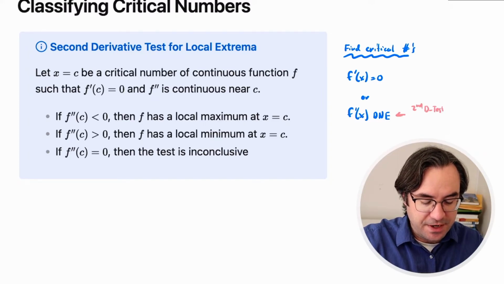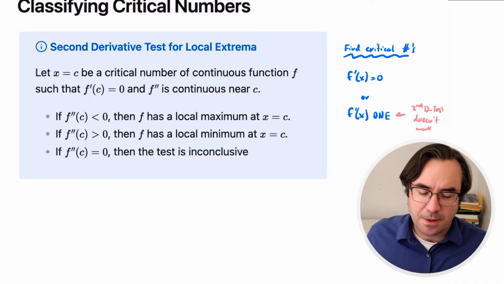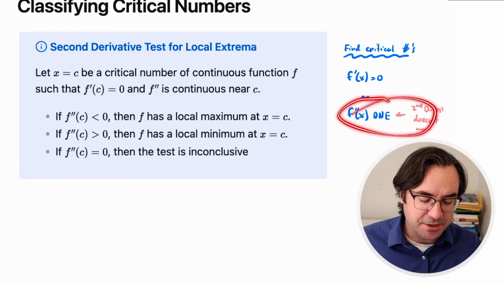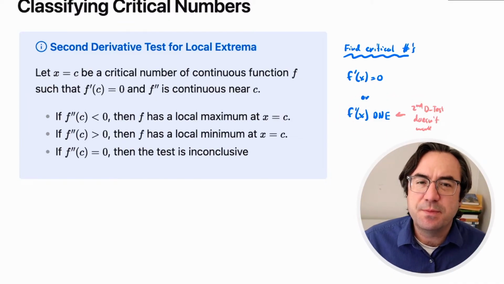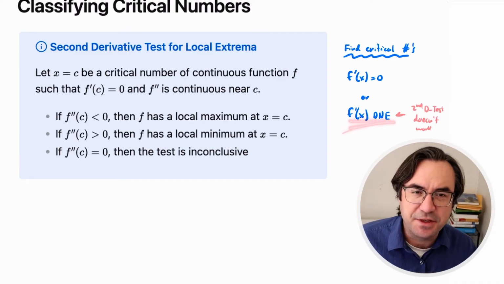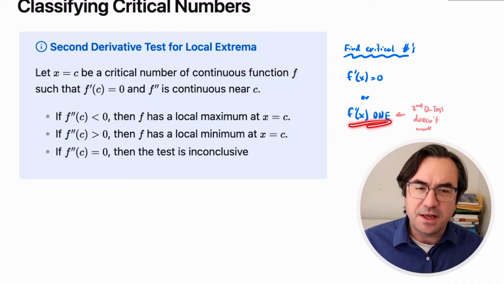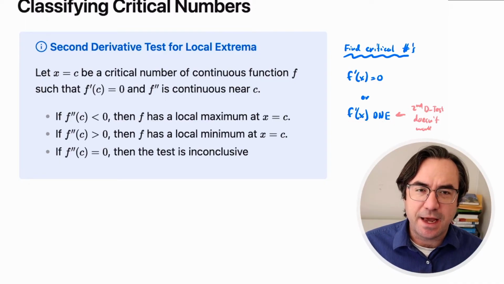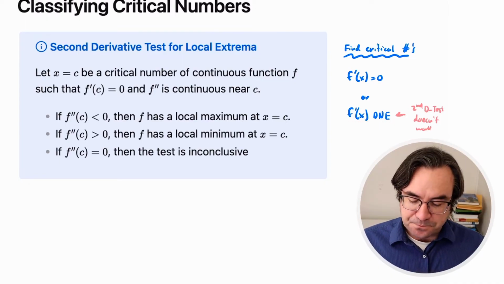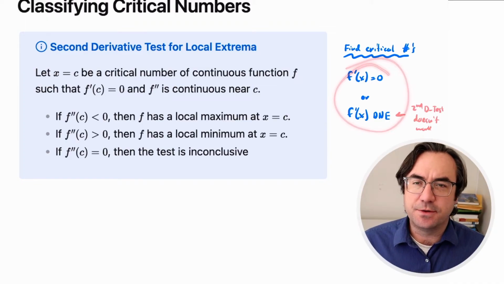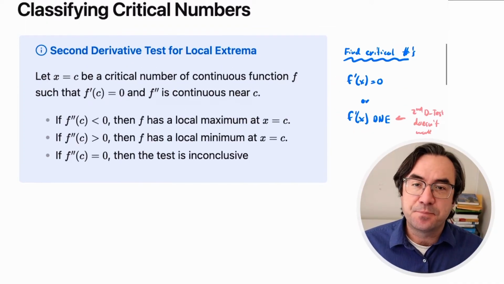But that's not too bad, because most of the functions we've been looking at don't really have these types of critical numbers. There's been a few we've seen, but these are definitely less common. All right, so once we find our critical numbers, we want to classify them.